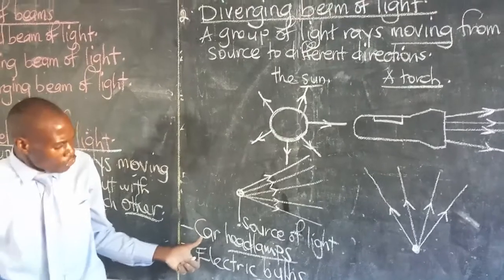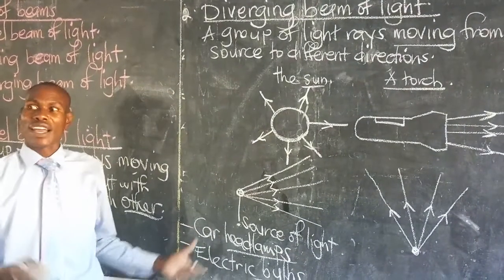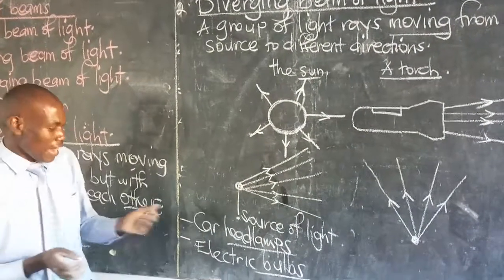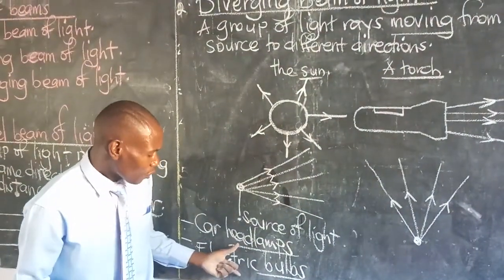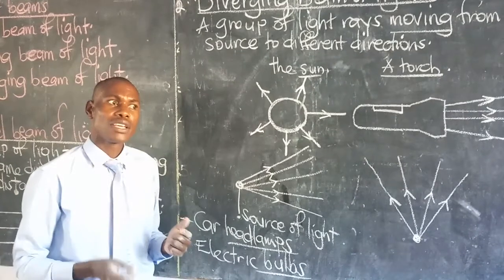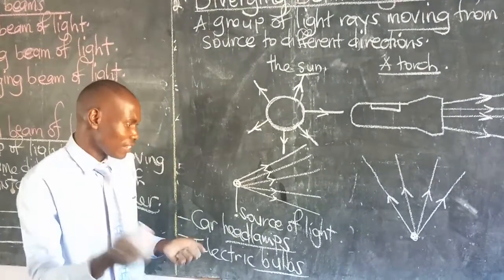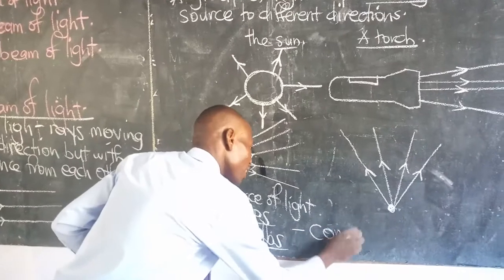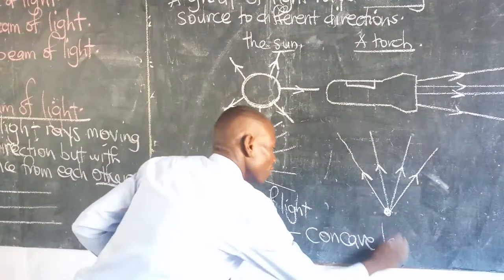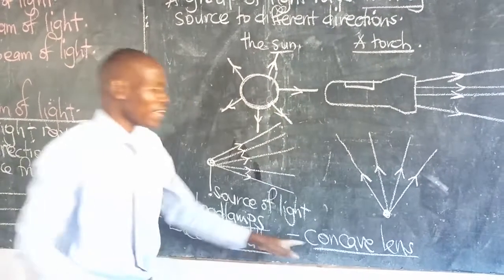Those ones also produce a diverging beam of light. Are we together, boys and girls? Now, our next device that produces a diverging beam of light is a concave lens.